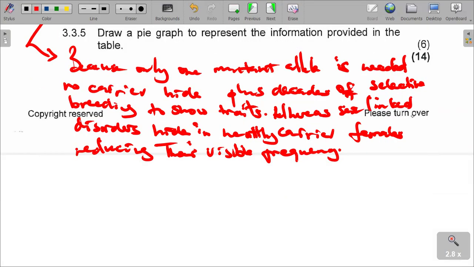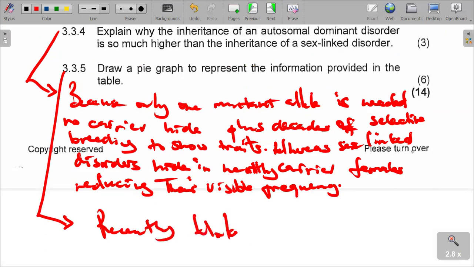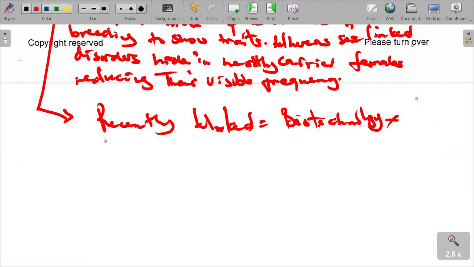In terms of the pie chart question, just go to the pie chart. I've already worked it recently. Check the biotechnology and genetics video.